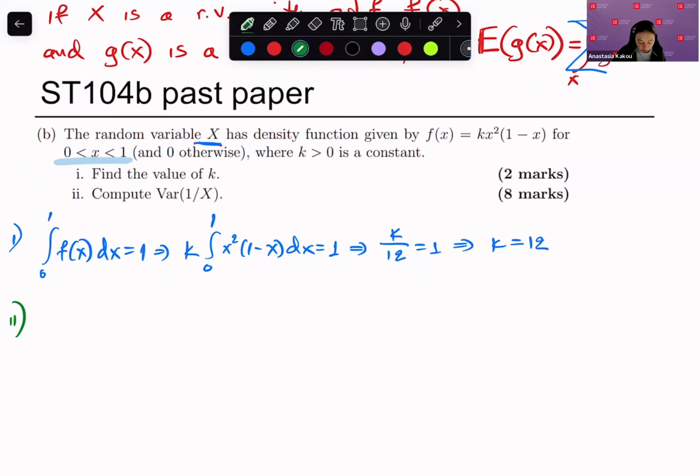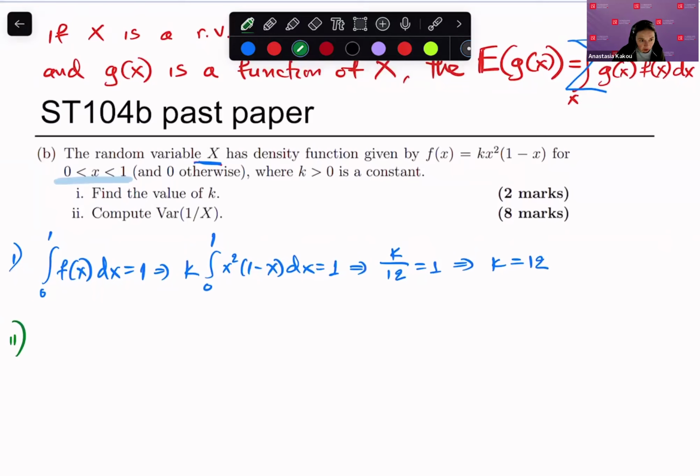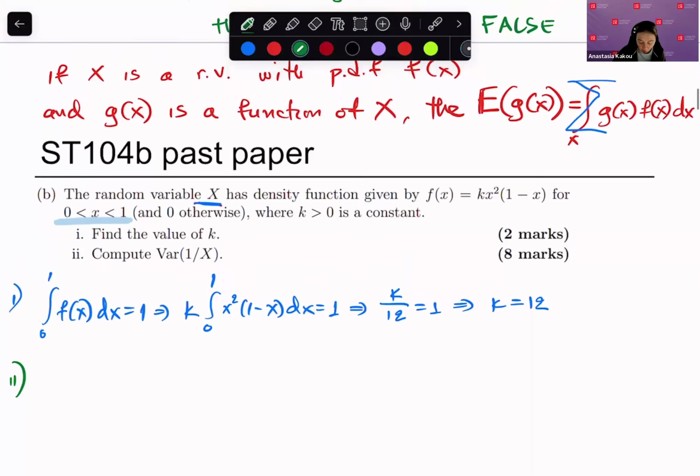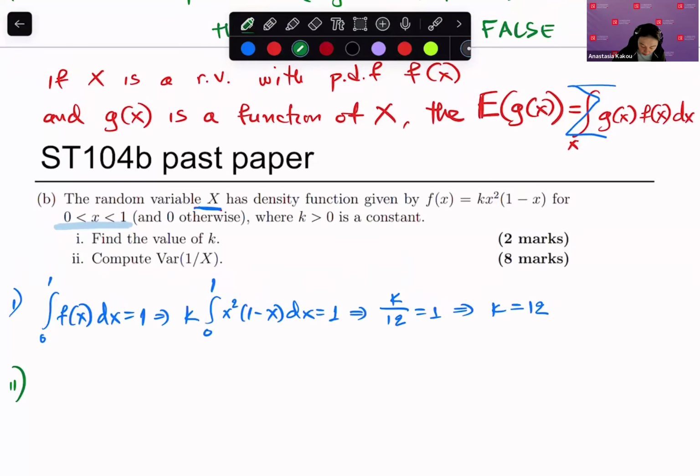Now, in order to compute the variance of 1 over x, think of 1 over x being a function of x. So this is what I wrote earlier: you can think of g of x equals 1 over x.